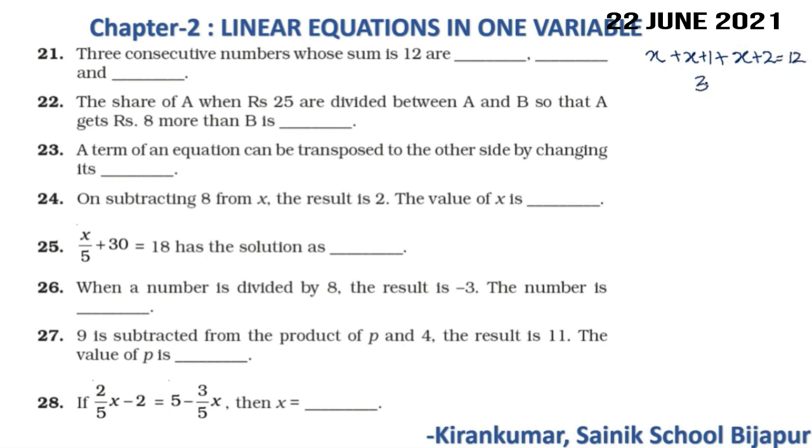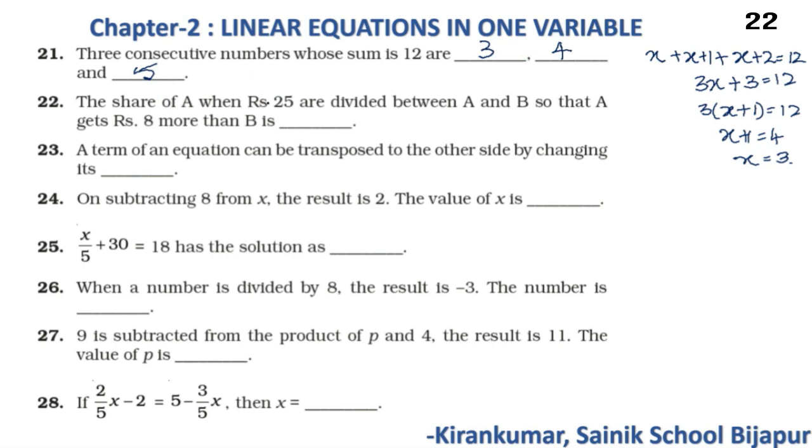Upon addition, we get 3x plus 3 equal to 12. Here 3 can be taken as common. We get x plus 1 equal to 12 upon 3, which is 4. So the value of x is 3. So if the first number is 3, the next number will be 4 and the next number will be 5.